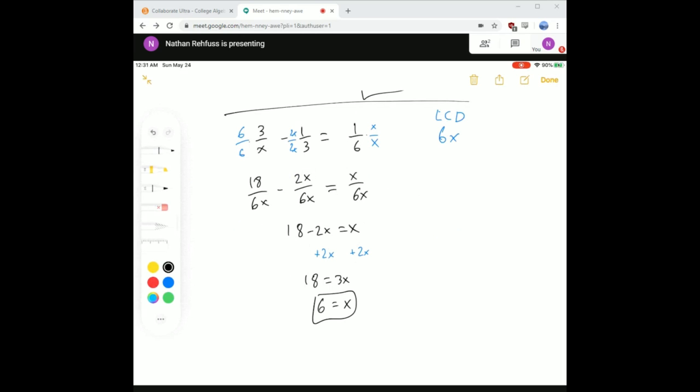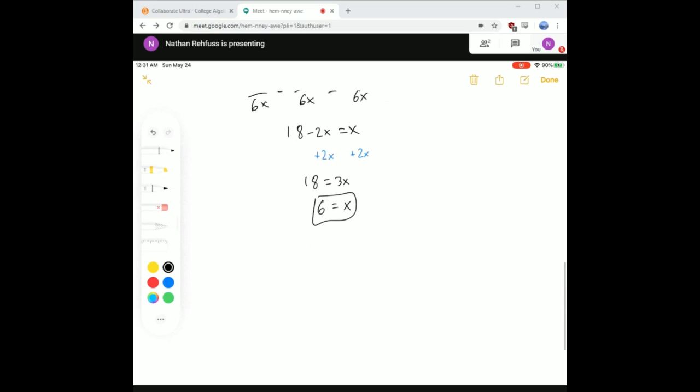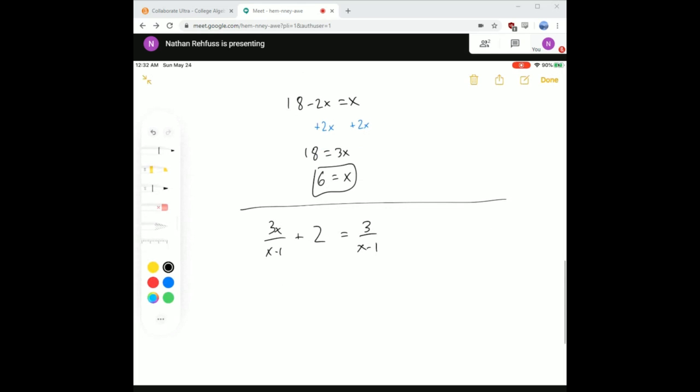Let's do one more. Let's say I know that 3x over x minus 1 plus 2 equals 3 over x minus 1. Now, I'm going to solve this.